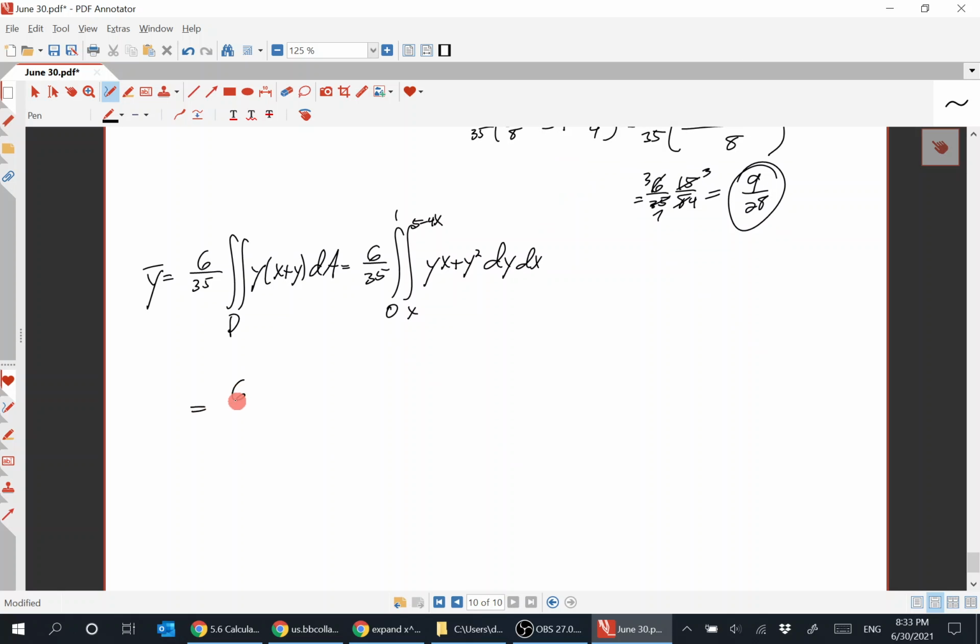So this is equal to 6 over 35, and go from 0 to 1, 1/2 y squared x plus 1/3 y to the third, from x to 5 minus 4x, dx.